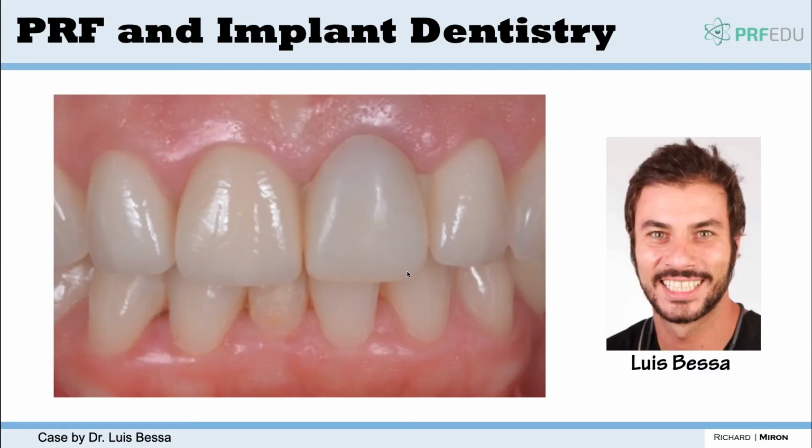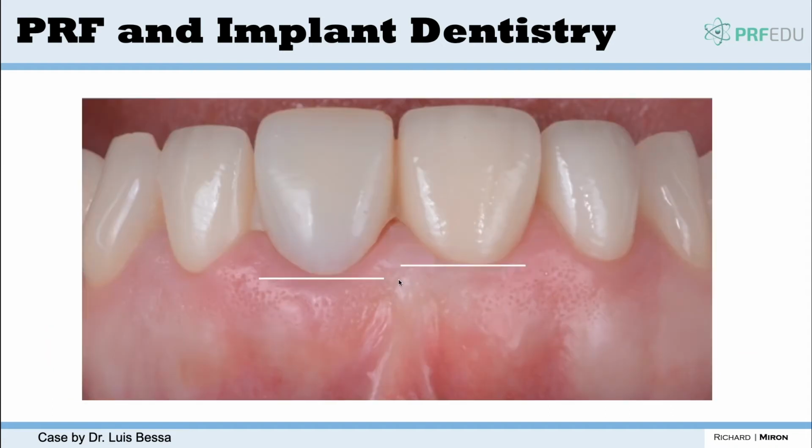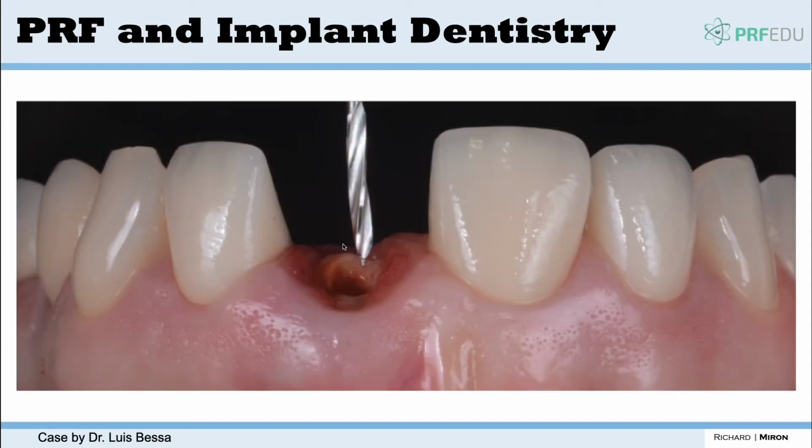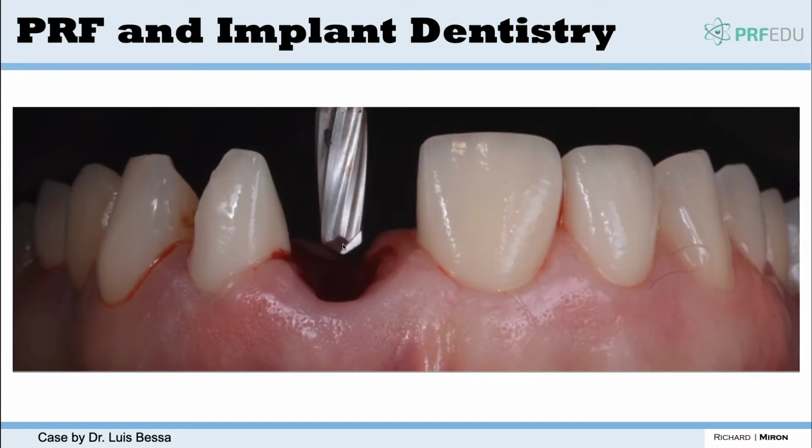Okay, another case here by Dr. Bessa from Portugal. And a nice one here again, when you have such cases, like I said, that require extractions, and he's doing a lot of socket shield, and he provided a really nice case and an excellent clinician with nice images here, but you can see originally that there's a recession here.